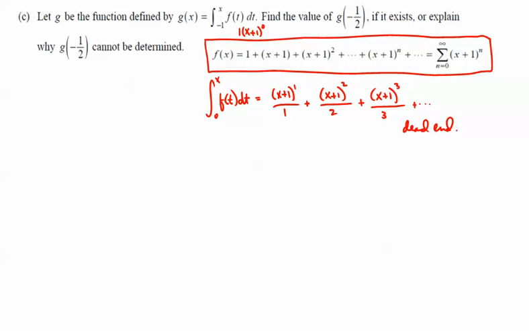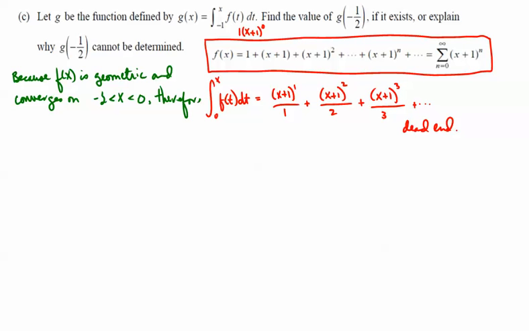Instead, because f of x is geometric and converges on x between -2 and 0, therefore g of -1/2 would just be equal to the integral from -1 to -1/2.